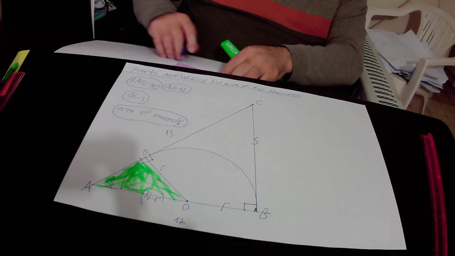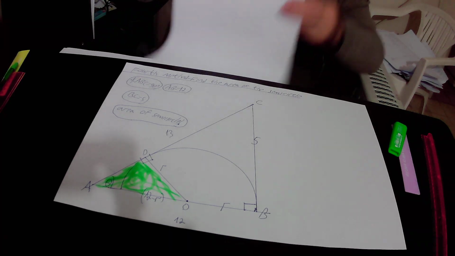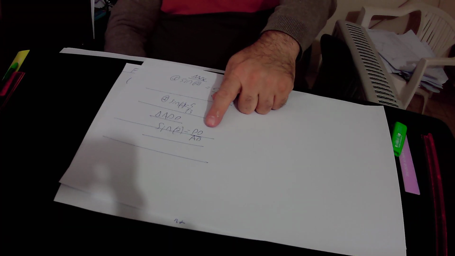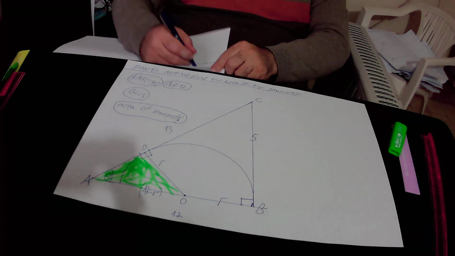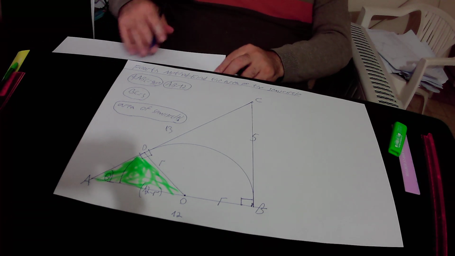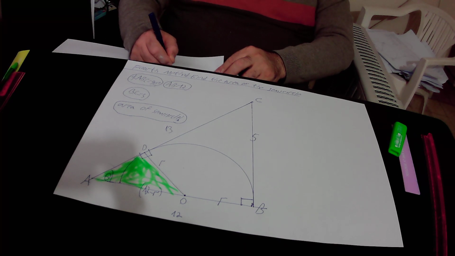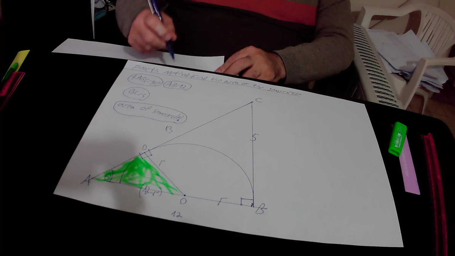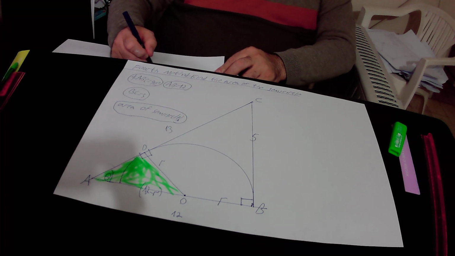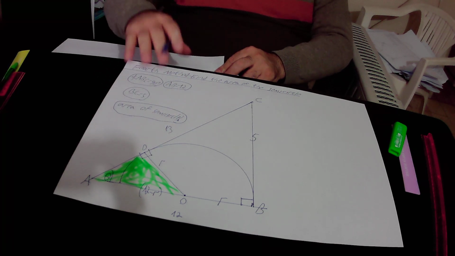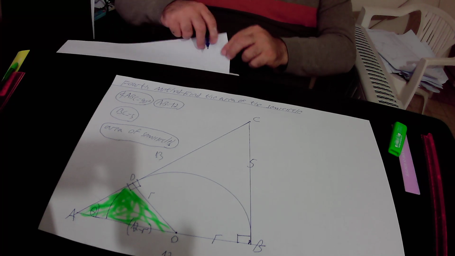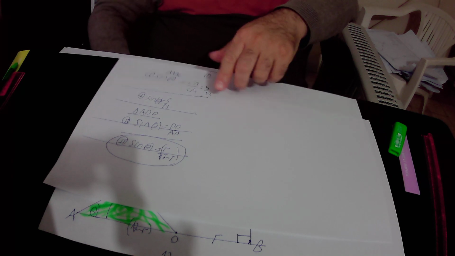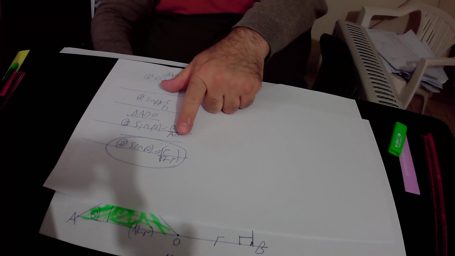I repeat again, on the green right triangle ADO, sine theta equals DO over AO, but we know that DO equals R and AO equals 12 minus R. So in conclusion, according to equation number 2, sine theta equals R over 12 minus R.